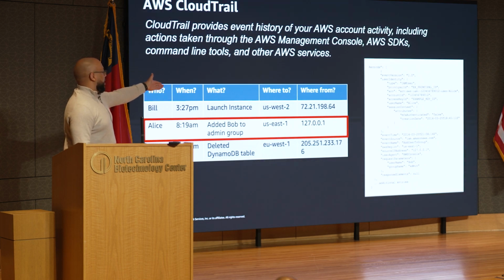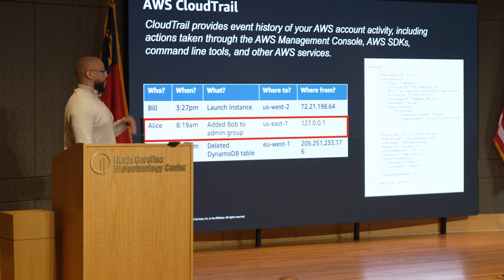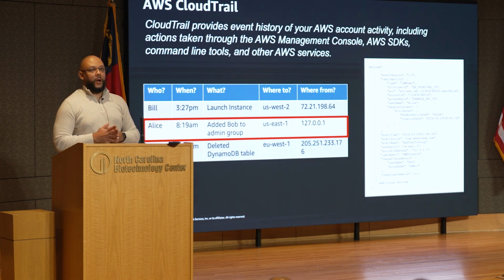If MFA was enabled, in this case it was not, the time the event occurred, and then what the actual action was, the source IP address, which is really handy if you're trying to see if this came from inside or outside the network or from a known malicious IP, and then any request parameters. And then finally, the response elements, whether this action succeeded or not.